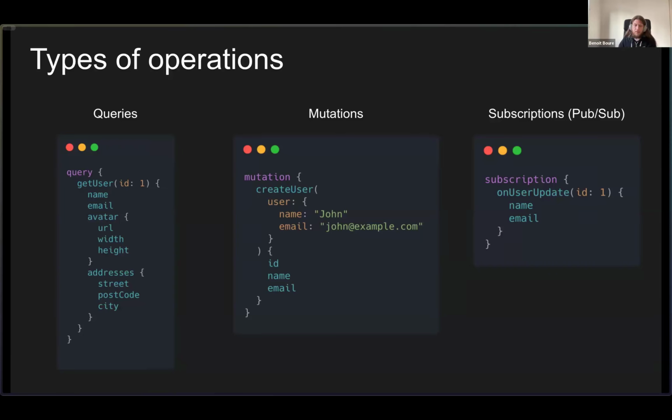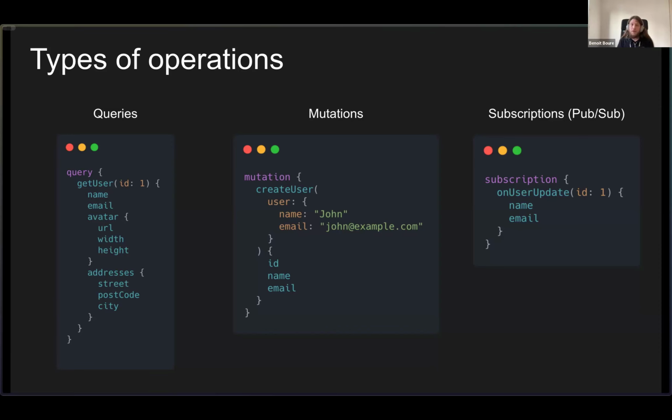To allow that, GraphQL has 3 types of operations that we can use. The first one is queries. A query you can consider like a get operation in the REST world, because it allows you to get information from the data sources, from the backend.